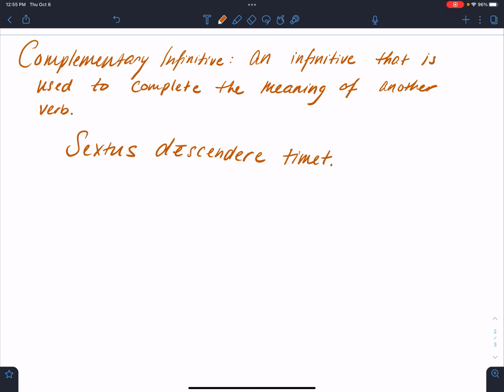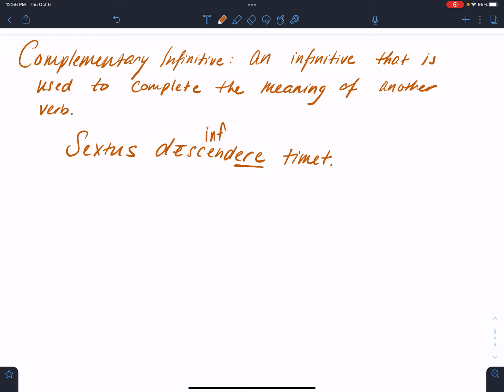Sextus descendere timet. Okay, now find our verb. What's my regular conjugated verb form here? Rob? So that technically is a verb, but what is it though? It's got an ERE at the end, so it's an infinitive, yeah. So what we're going to do is we're going to mark that up as an inf.